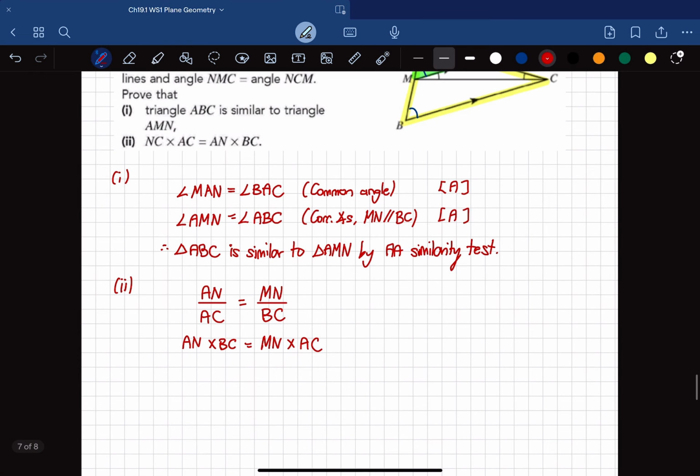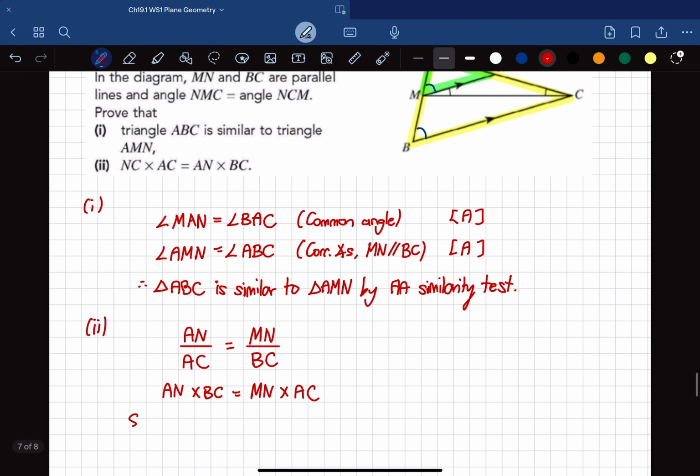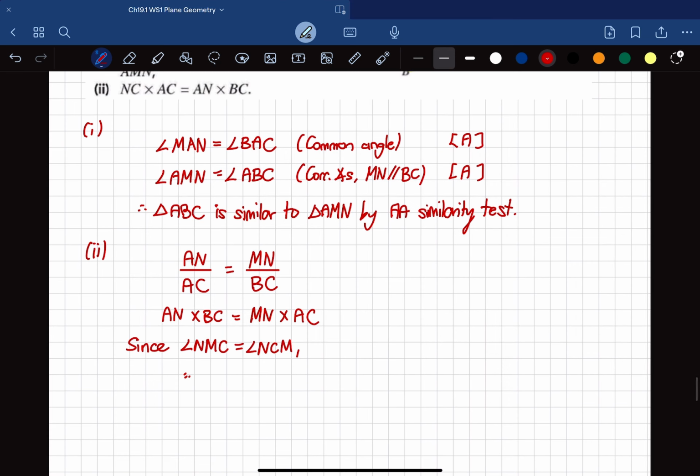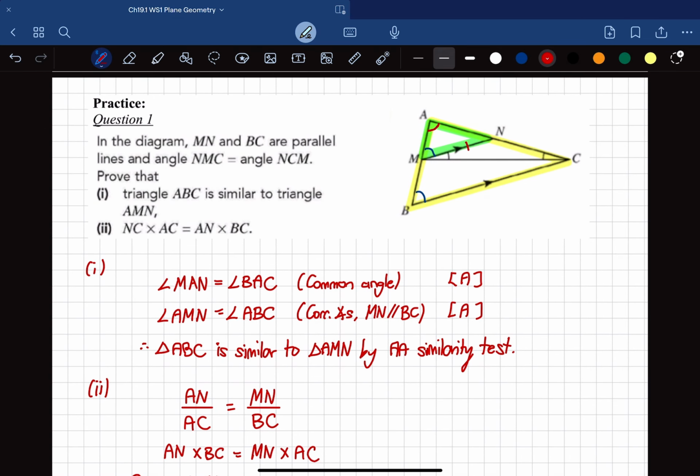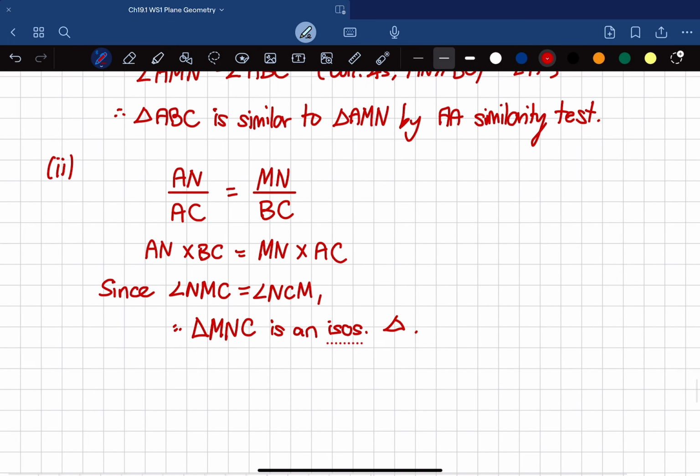So since angle NMC is equal to angle NCM, I can conclude that triangle MNC is an isosceles triangle. And what is the special property of an isosceles triangle? I know that MN is equal to NC. This is the property of an isosceles triangle, so therefore I can conclude that MN is equal to NC.